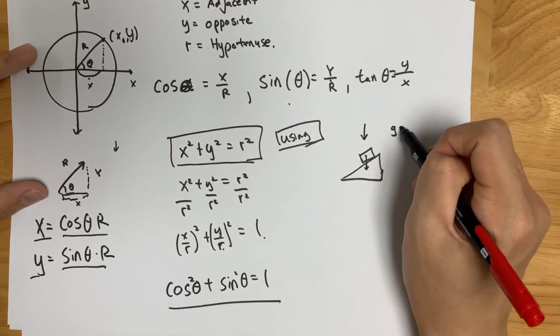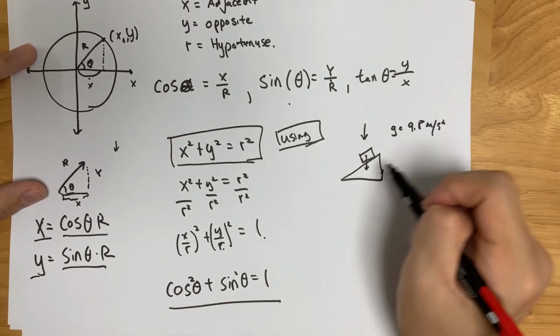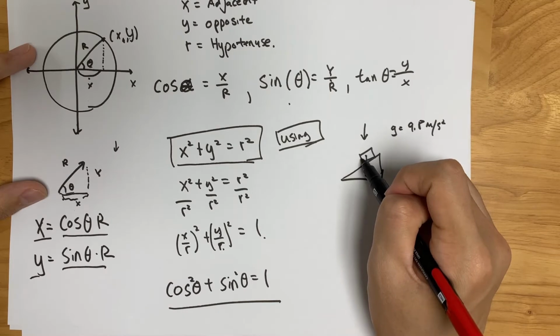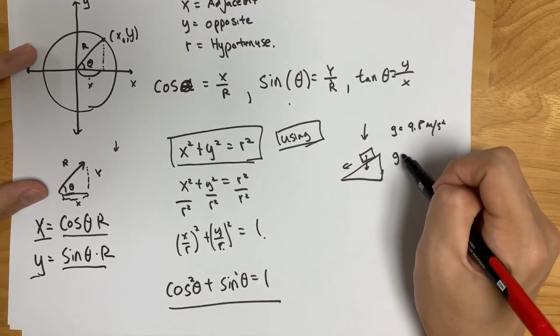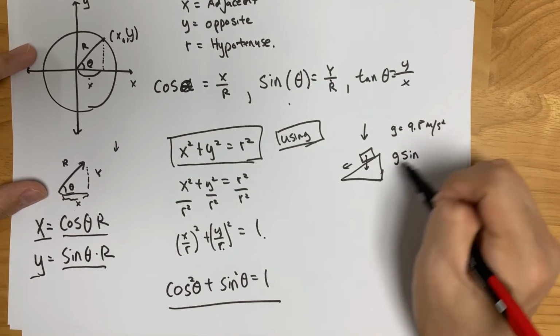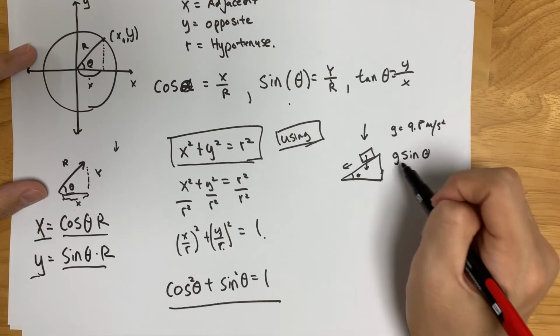Then if gravity is 9.8 meters per second squared, the acceleration actually going down this way is just g sine of this theta, right?